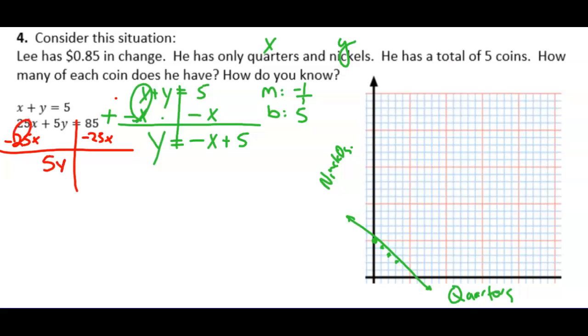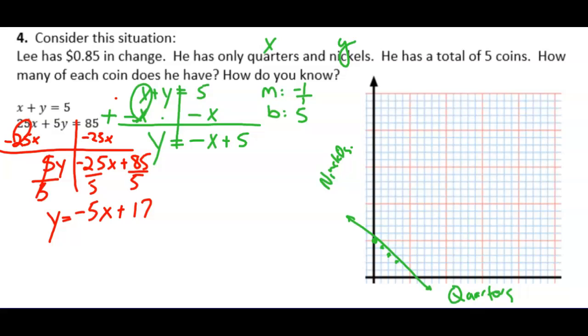That will give me 5y equals negative 25x plus 85. Fantastic. Divide all of those by 5. Y equals negative 5x plus 17.